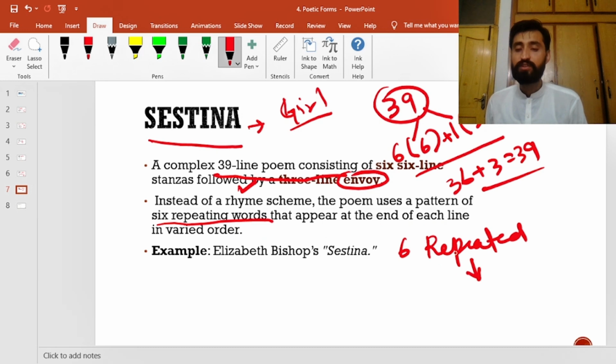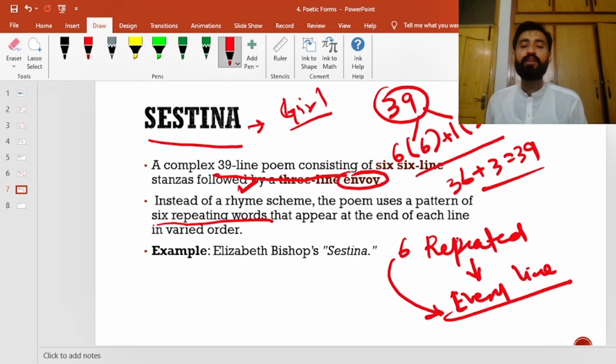These 6 words are repeated at the end of the lines of every stanza, in different order. So there is no rhyme scheme, but there are 6 words in the poem that repeat as line endings in every stanza, right?